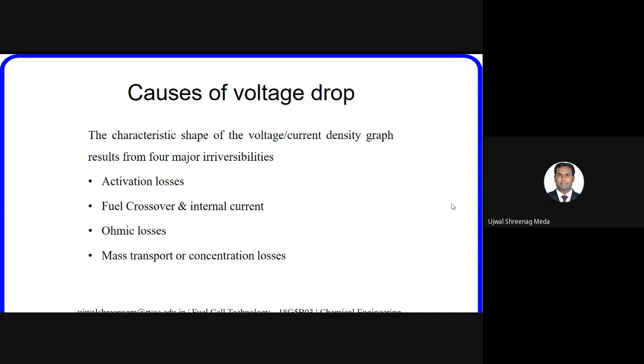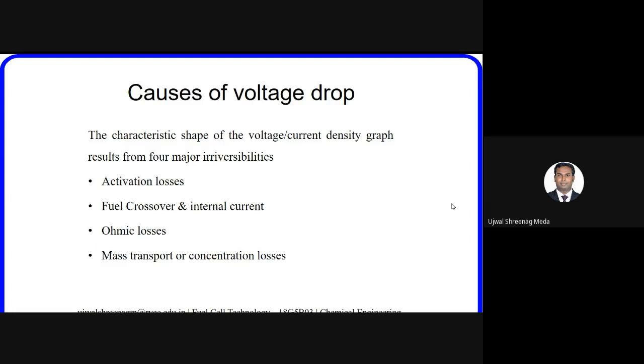So next is fuel crossover and internal current. In this case, the fuel that is supplied at anode is meant to be consumed at anode alone. However, part of the fuel diffuses through the electrolyte and reaches cathode.